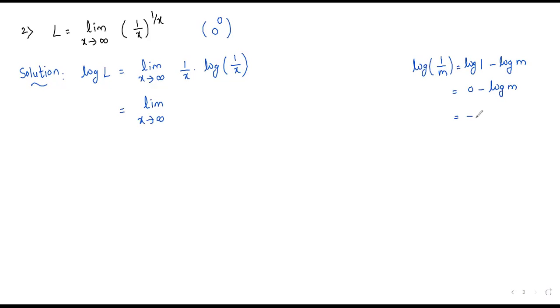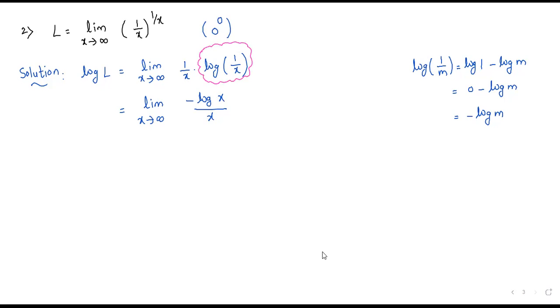So basically this is nothing but minus log of x, and the denominator will be x. And see, I have written minus log x instead of it. This is the reason, right? Okay.